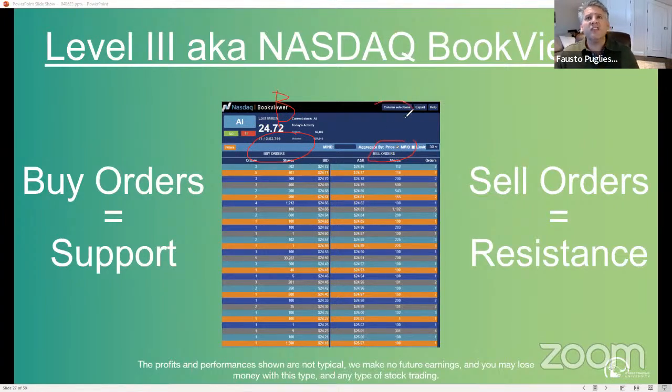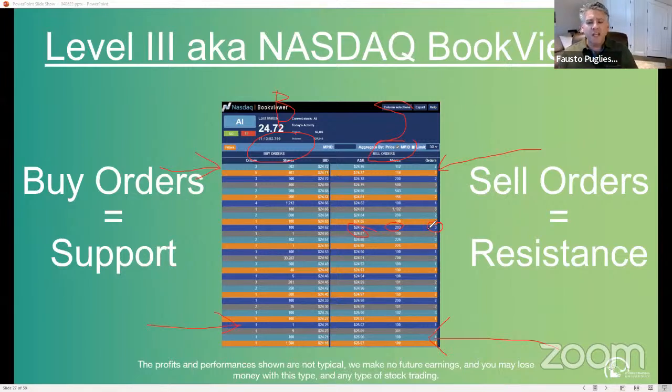What you're seeing is every buyer and every seller. Whoever wants to buy the stock for the most money is up on top. Whoever wants to buy for less money is down at the bottom. Same thing for the sell side. Whoever wants to sell for the least is up on top. Whoever wants to sell for more money is at the bottom. This is the price they want to buy it for. This is the amount of shares they want to buy. And this is how many orders make up those shares.